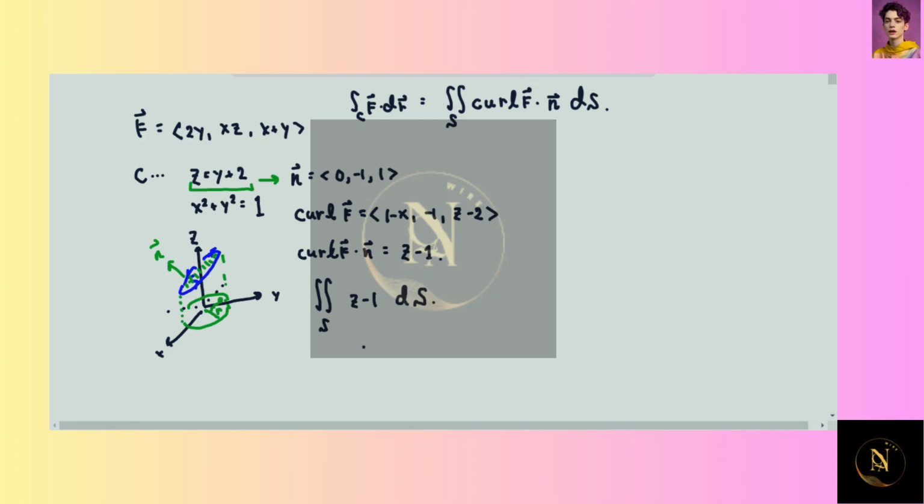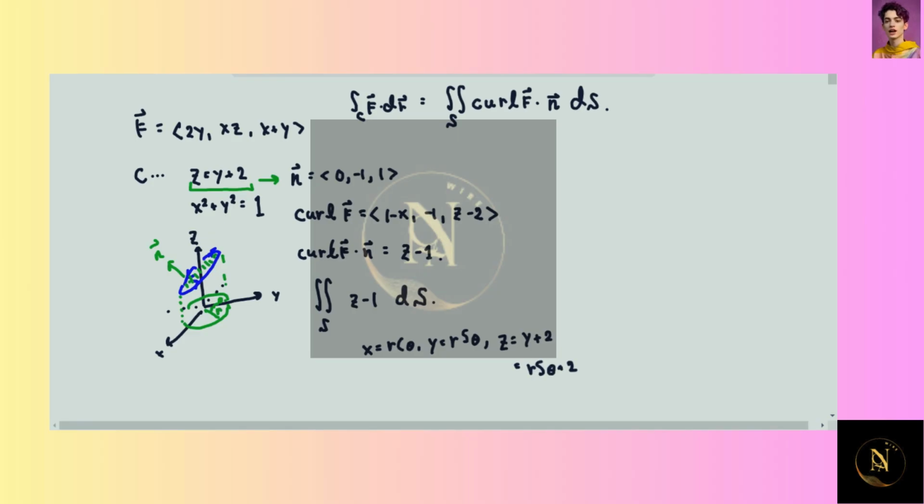So I will choose x equals r cosine theta, y equals r sine theta. And because z is equal to y plus 2, we can rewrite it as r sine theta plus 2.